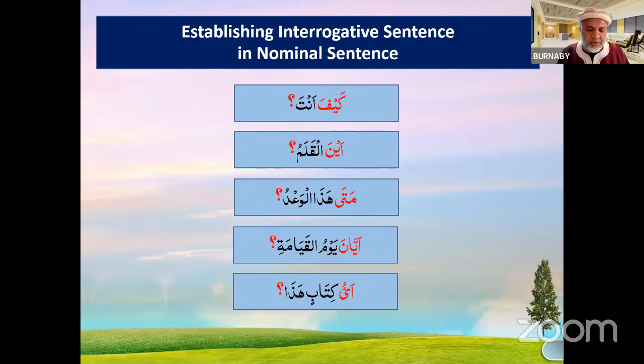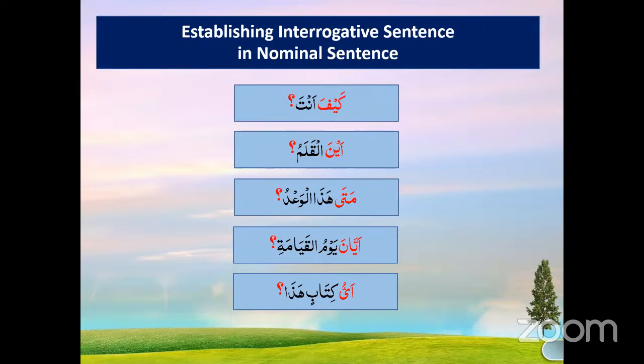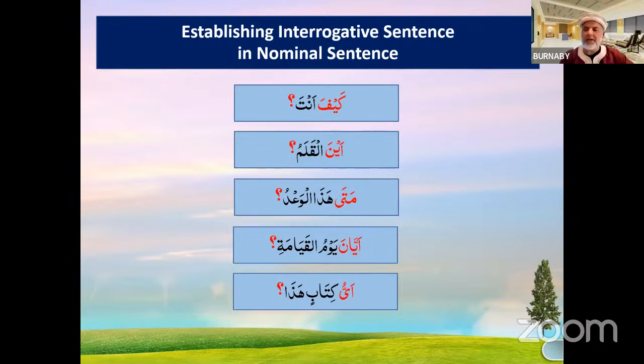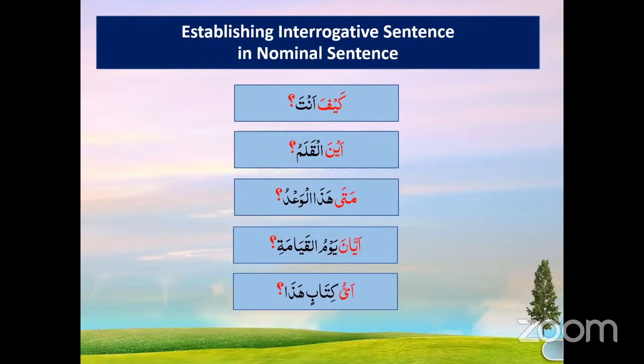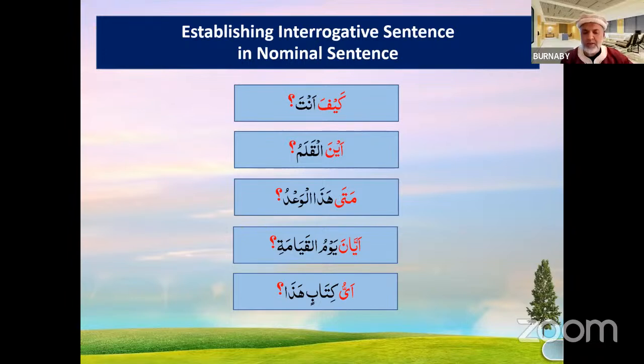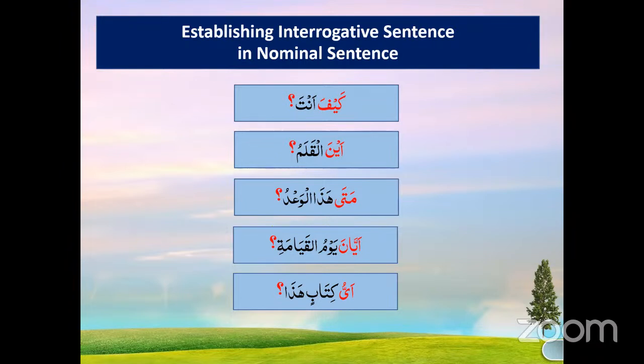Why did you reach this conclusion? Because it is in the status of jar, right? That's correct. And how do you also know that this is murakkab izafi? Because it was ayyun, but now you see ayyu. So the tanween dropped, right?